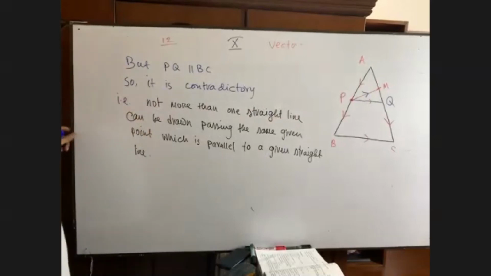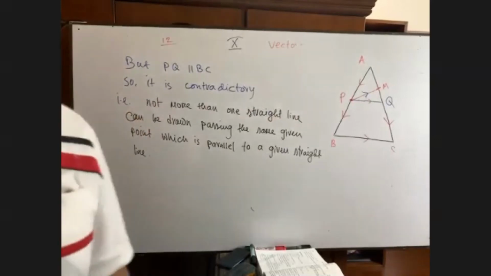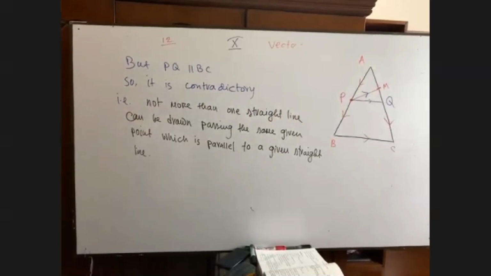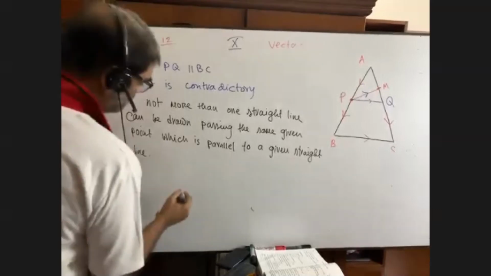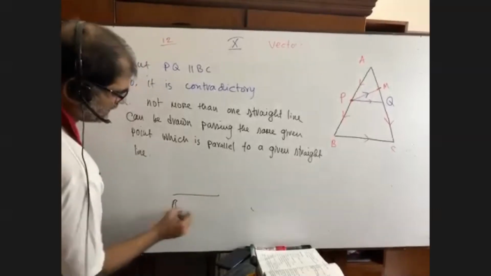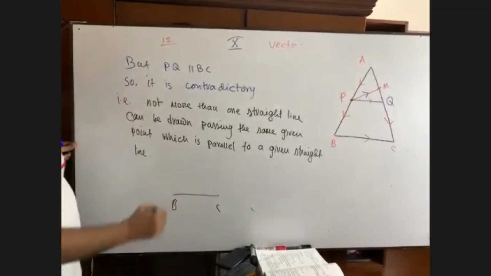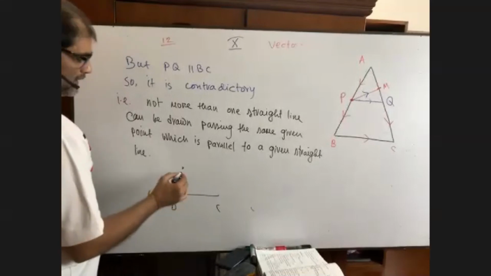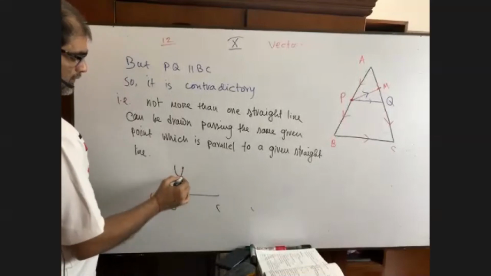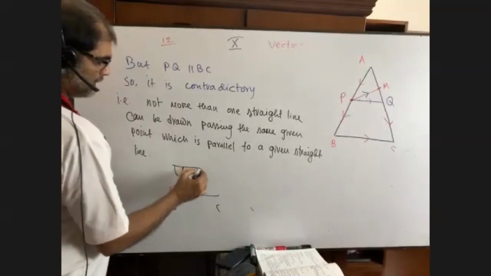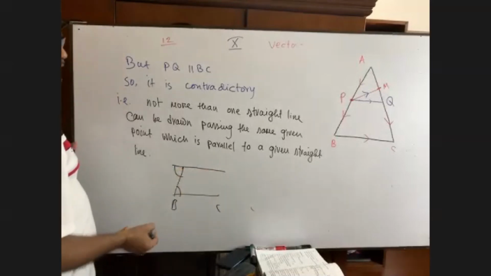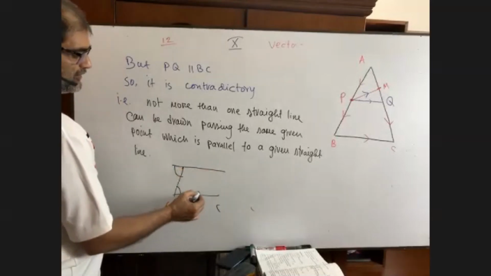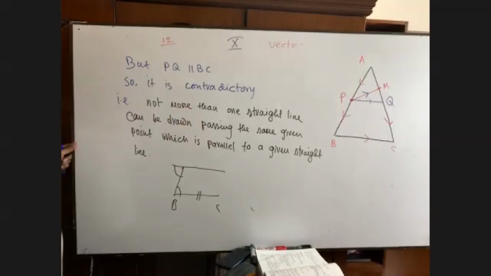Now I have written that. Not more than one straight line can be drawn passing through the same given point, which is parallel to a given straight line. Okay, that means I am telling it again. This is the given straight line. This is the given point. So only one straight line can be drawn, which is parallel to this given straight line.